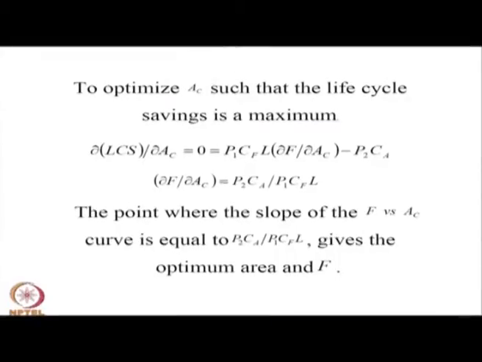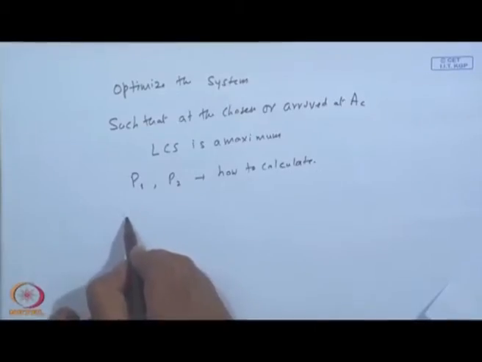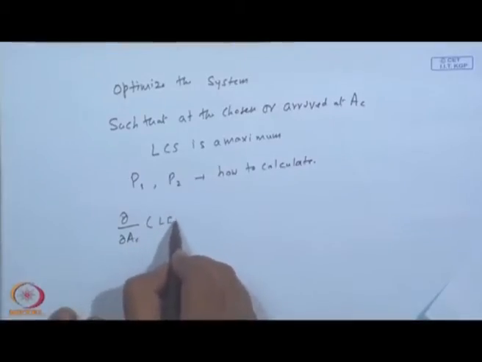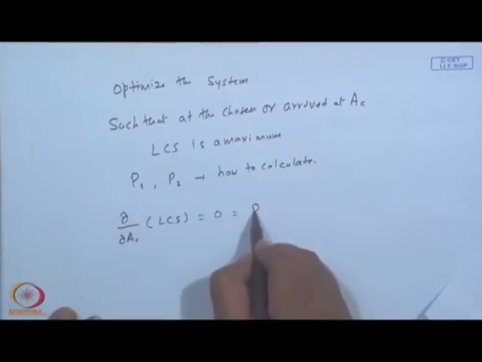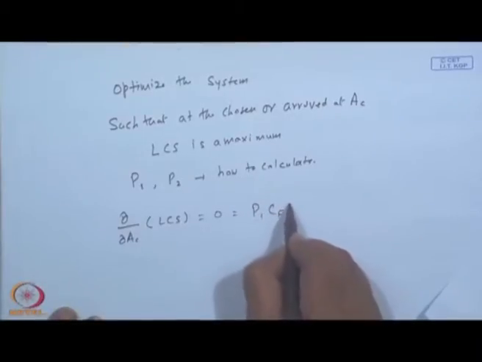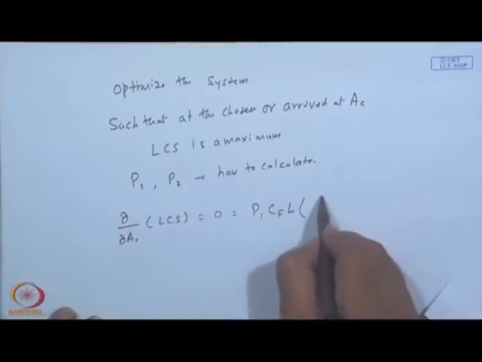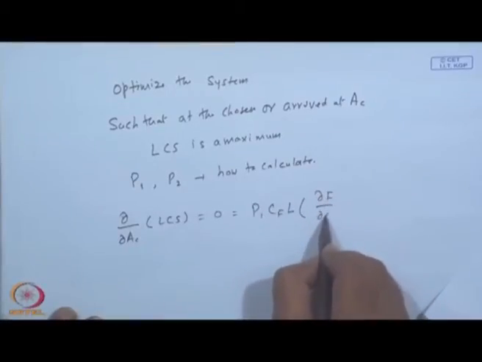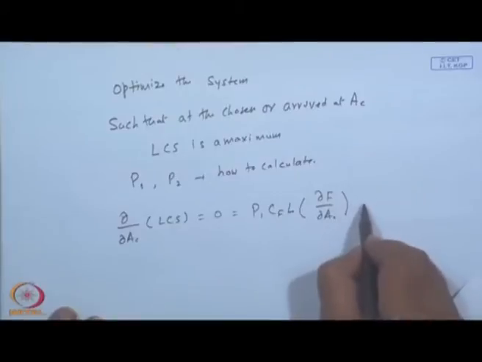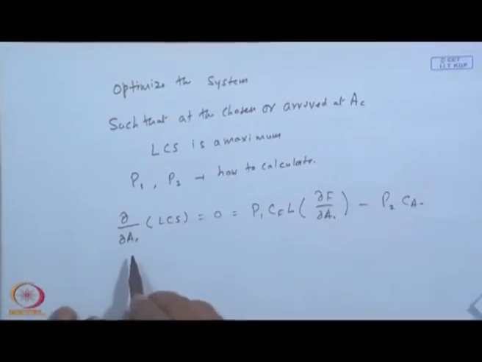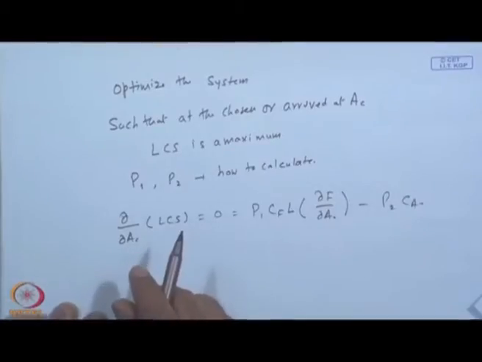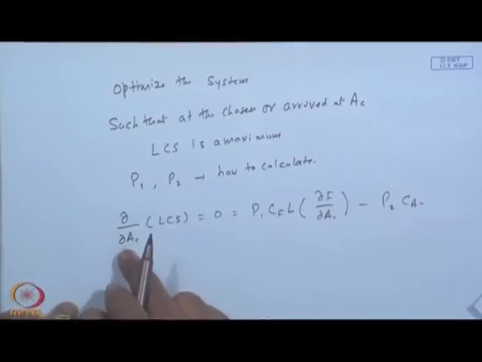So, the optimum will be where delta by delta AC of LCS is equal to 0, which will be P1 CF L times dF by dAC minus P2 CA, right, because the fixed cost does not give anything when differentiated with respect to the area.